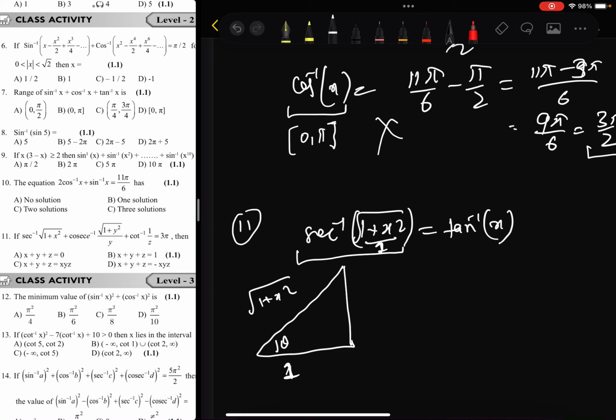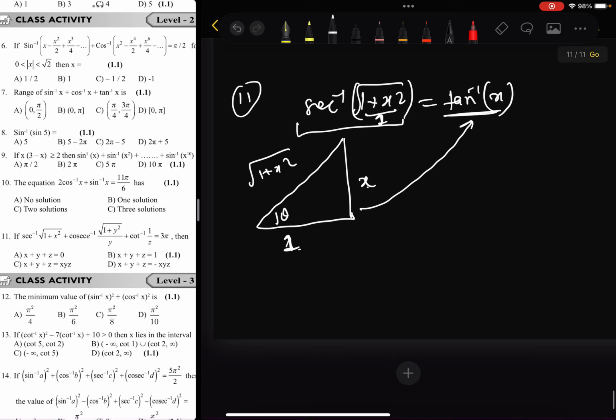If you find the perpendicular, you will get x. So based on this, you can find tan inverse x, which will be x by 1, that is x. Like this, this is tan inverse x.